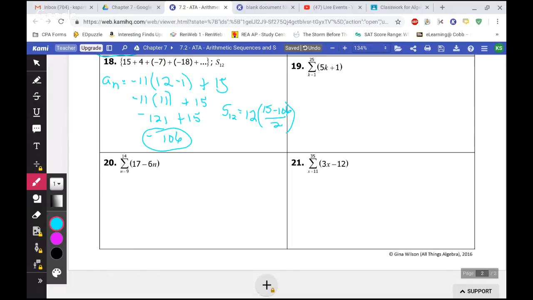So that's negative 91. Divided by 2, which is negative, I'm running out of room, negative 45.5. And if I multiply that by 12, I get negative 546 for that one.